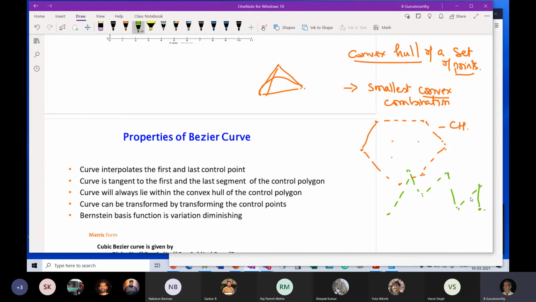You will be able to draw the shape of the curve without too much difficulty. Right? Why? Because you know that it has to take off here, it has to come here, and in between, it cannot go outside this box that we have drawn, and therefore that's the shape that you can get.